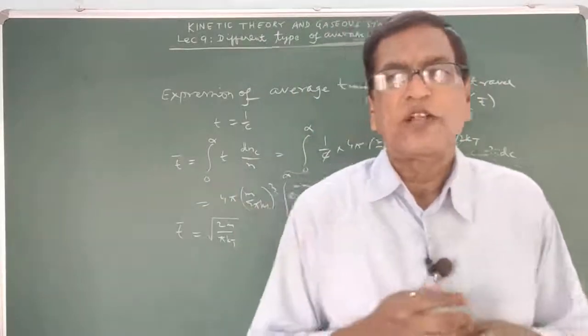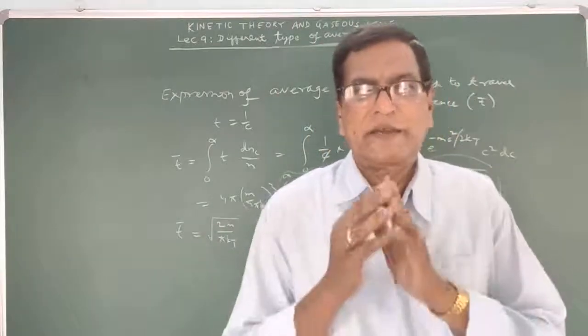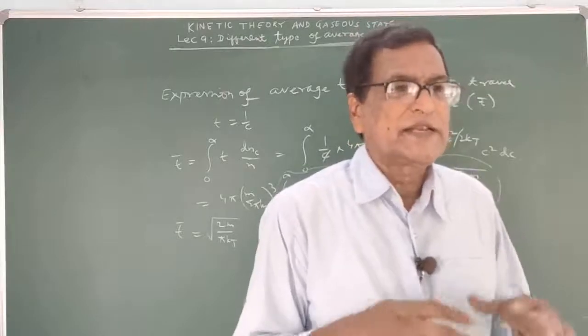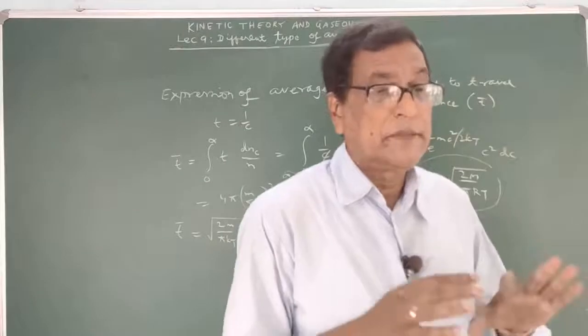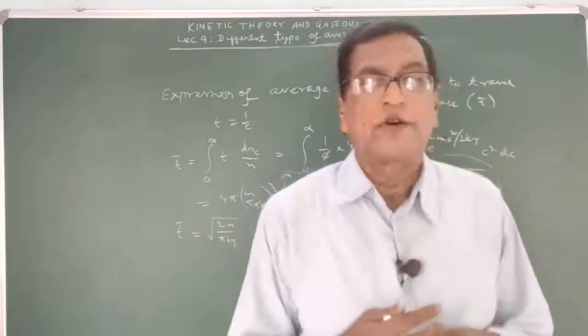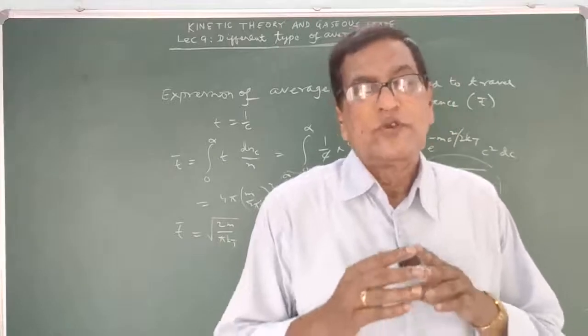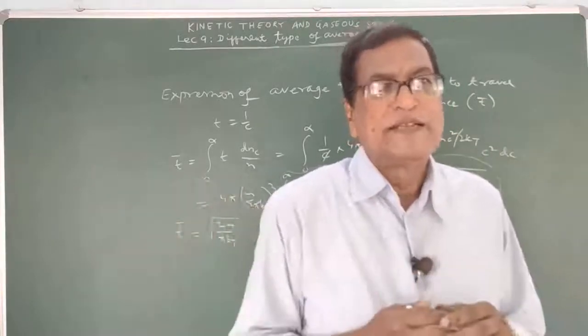So this is all about the different types of speeds and different allied problems. And in my next class I would like to convert this Maxwell's speed distribution formula into the kinetic energy distribution formula.